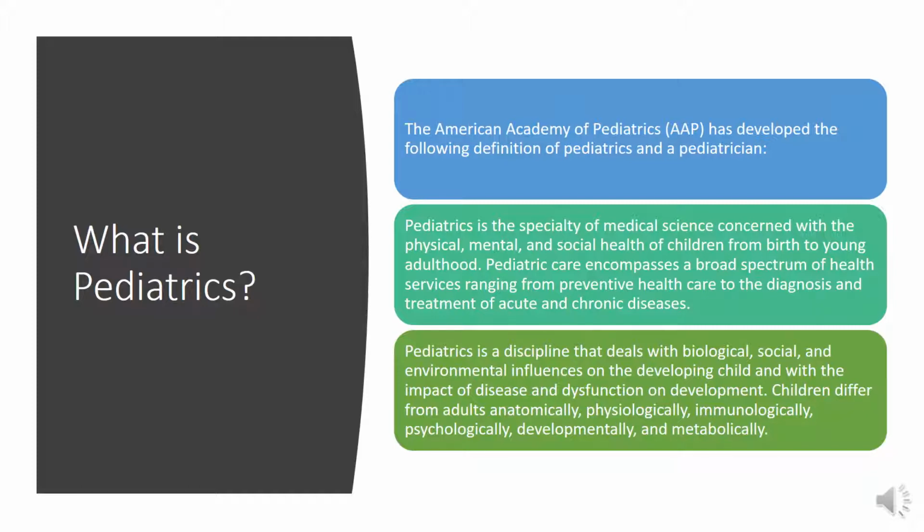It is a discipline that deals with biological, social, and environmental influences on the developing child and with the impact of disease and dysfunction on development. Children differ from adults anatomically, physiologically, immunologically, developmentally, and metabolically.